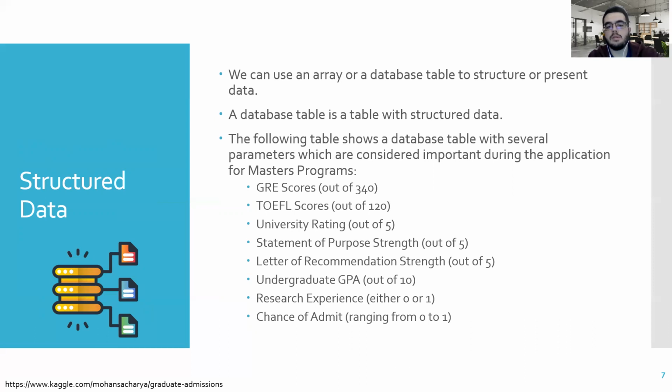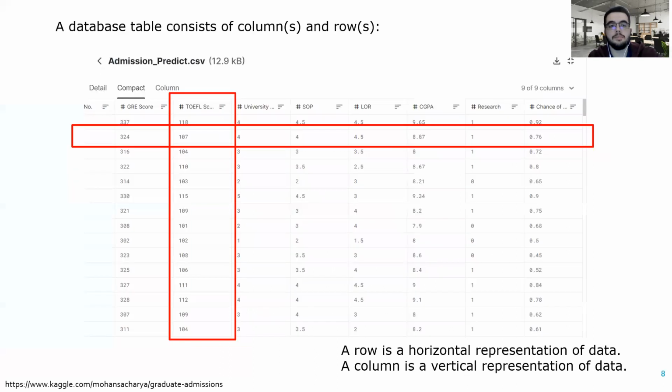Such a table contains 8 meaningful columns for us, which includes some exam scores, university ratings, and statement of purpose, and letter of recommendation strengths, and GPA score of students, research experience, and finally, a chance of admission.